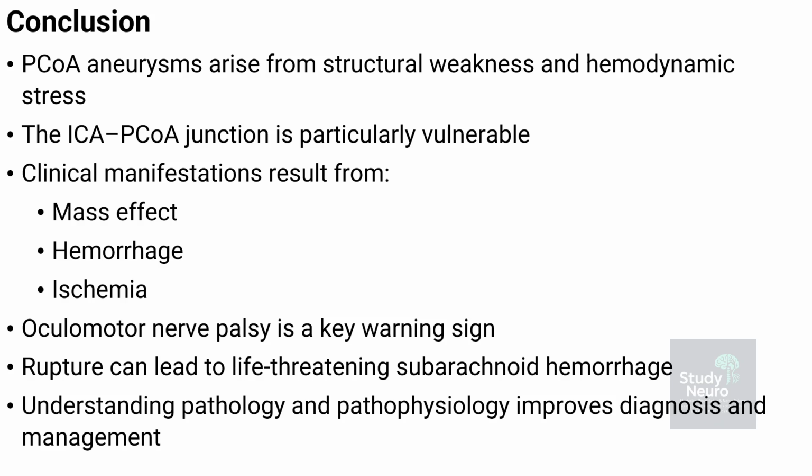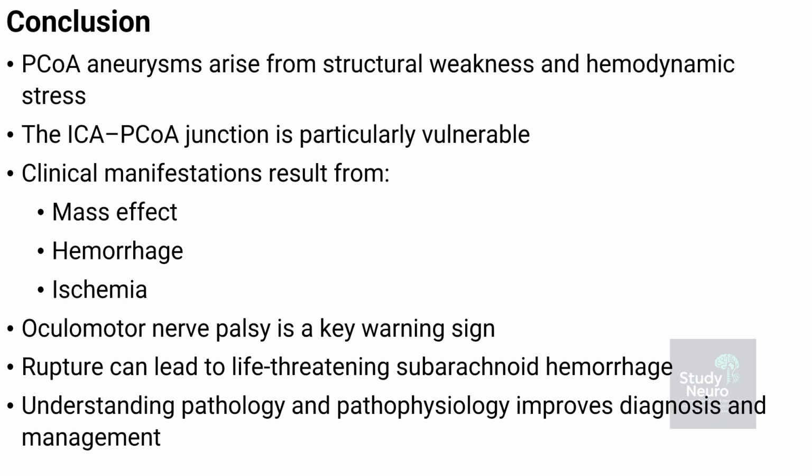Posterior communicating artery aneurysms develop from a combination of structural weakness in the vessel wall and ongoing hemodynamic stress. The junction between the internal carotid artery and the posterior communicating artery is especially prone to this process because of constant flow turbulence. The clinical picture depends on how the aneurysm behaves.